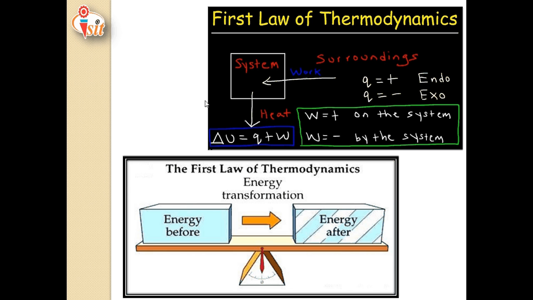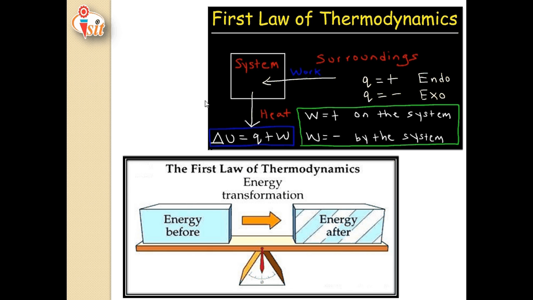Whatever amount of work is applied to the system, the heat which is liberated from the system can be calculated by the formula Q = ΔU + W, or if we supply heat energy to a system, then the formula is written as ΔU = Q + W. If work is supplied to the system, it is considered positive.